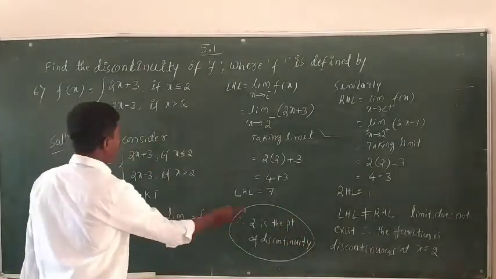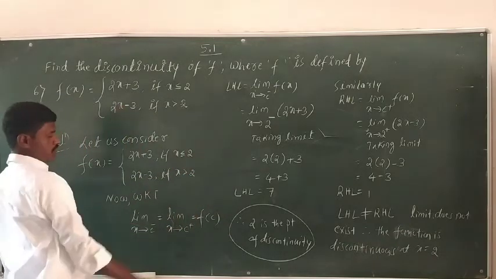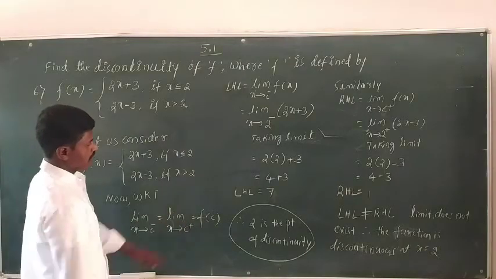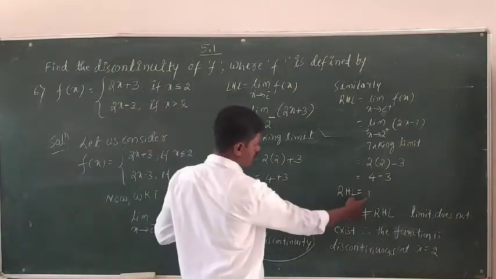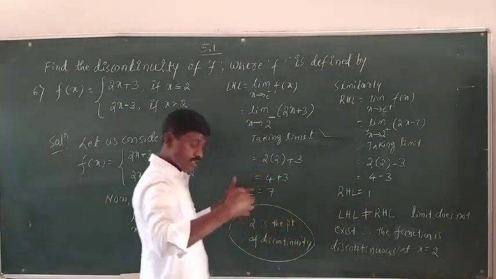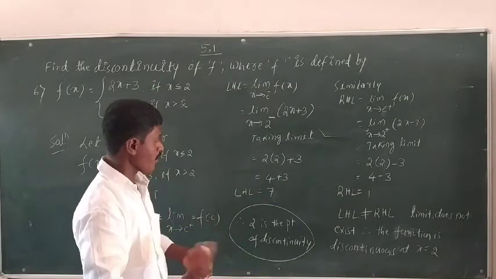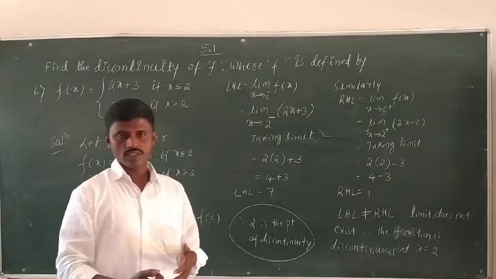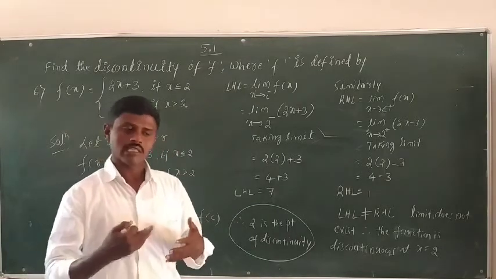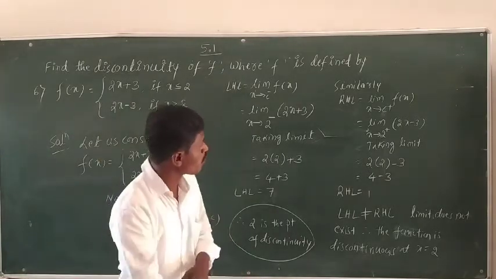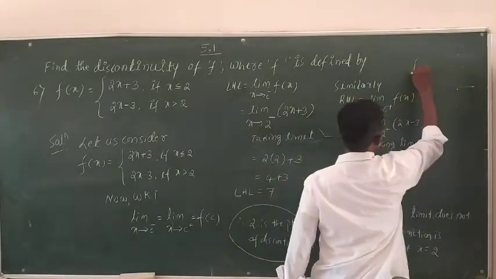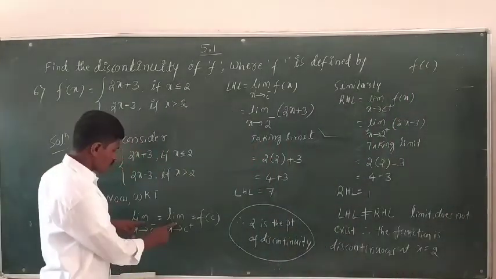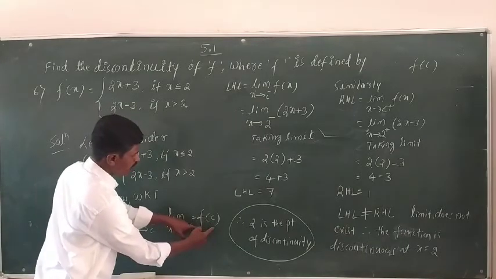It means that at 2 the function is discontinuous, because here the left hand limit and right hand limit do not coincide. We say a function is continuous only if LHL is equal to RHL. If the limits exist, then we move forward to find f of c.